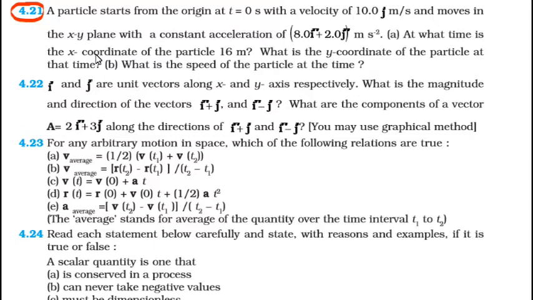A. At what time is the x coordinate of the particle 16 meter? What is the y coordinate of the particle at that time? B. What is the speed of the particle at that time?